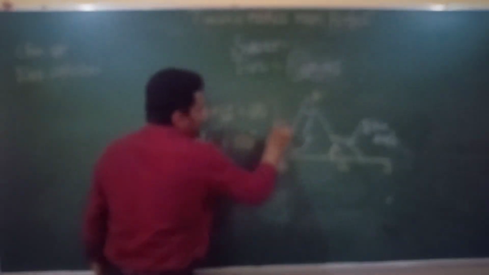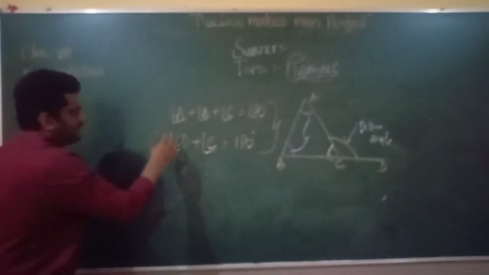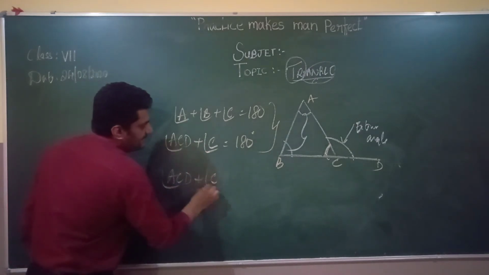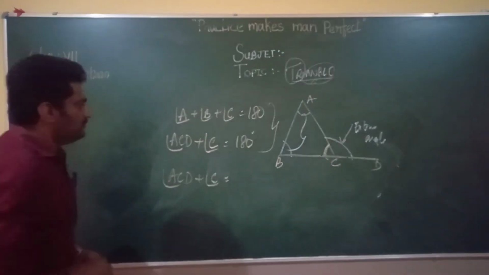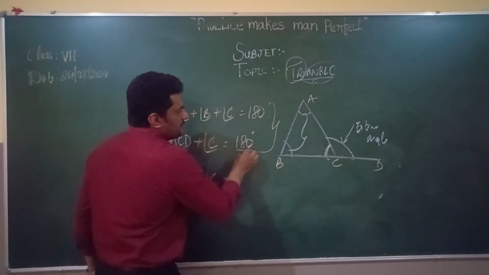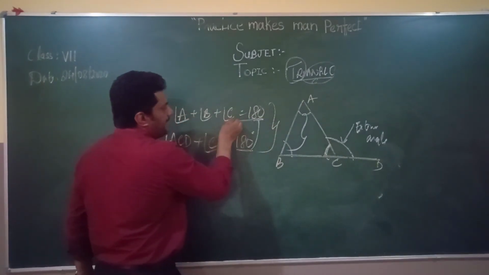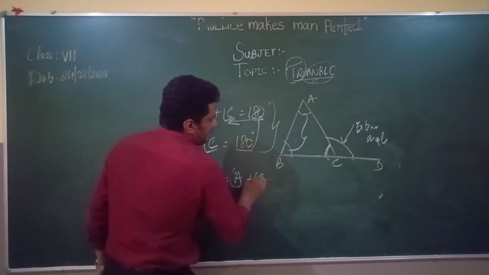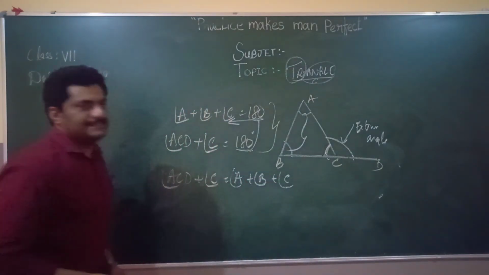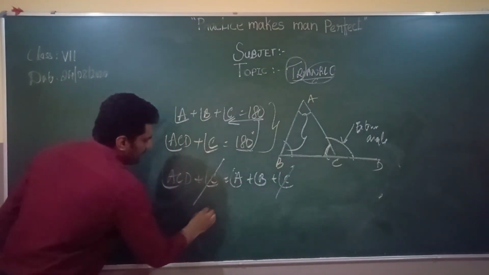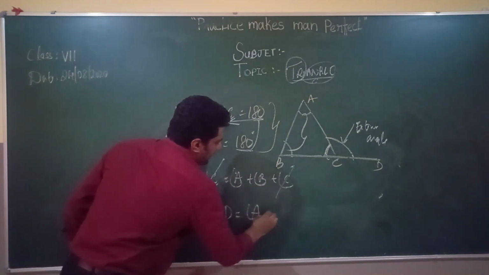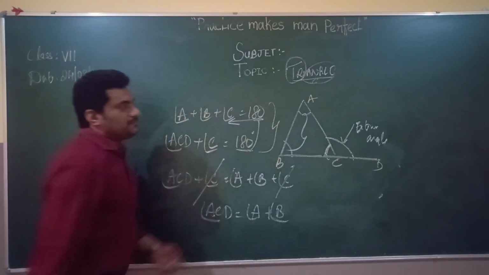Now if I compare these two, I can write ACD plus angle C is equal to 180 degrees. Instead of this 180 degrees, I will write angle A plus angle B plus angle C. In this, I can cancel these two, so I get angle ACD is equal to angle A plus angle B. Which one is ACD?